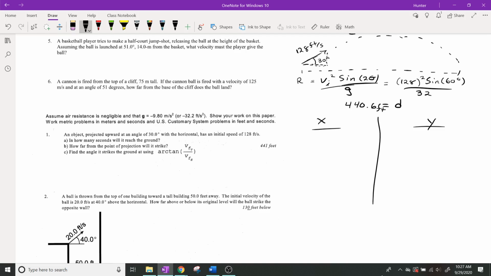So, distance, VIX, VFX, A, and T. And if it's in the X direction, I know that my acceleration is 0. And I know that both of these are going to be the same. So our distance came out to be 440.6. And then over here, we'll have a distance, VIY, VFY.